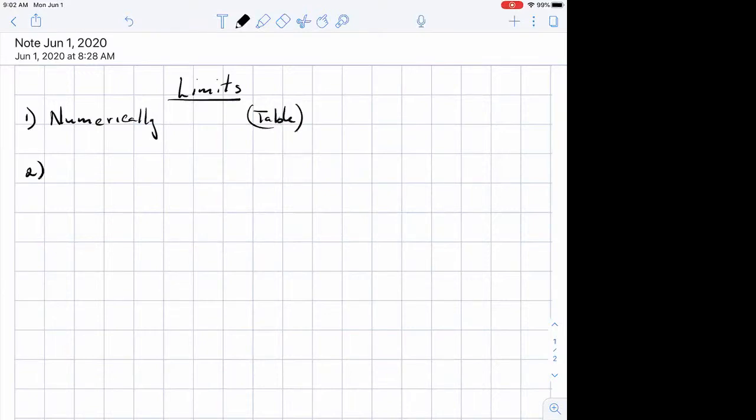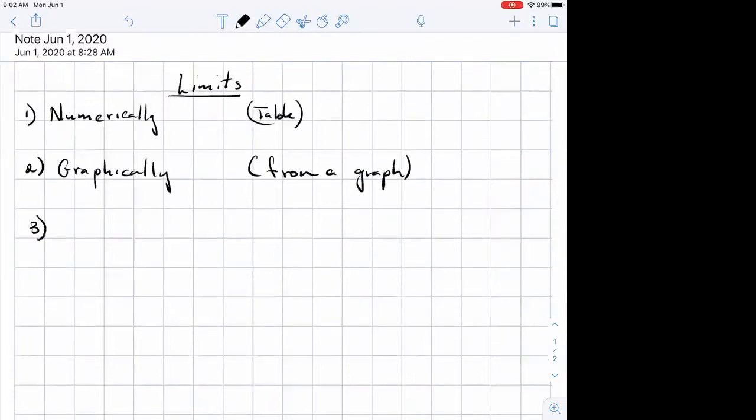Or you could look at it graphically, which means from a graph. And then third is the analytical stuff or algebraic stuff. And this is algebra. So the hint here is that A for algebra, A for analytical.